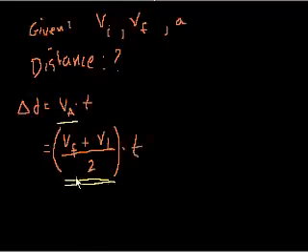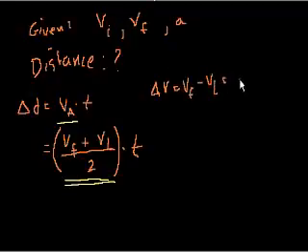Well, what's the time? You can figure out the time by saying, we know how fast we're accelerating, and we know the initial and final velocity, so we can figure out how long we had to accelerate that fast to get that change in velocity. Or another way of saying that, a simpler way, is that the change in velocity, which is the final velocity minus the initial velocity, is equal to acceleration times time.